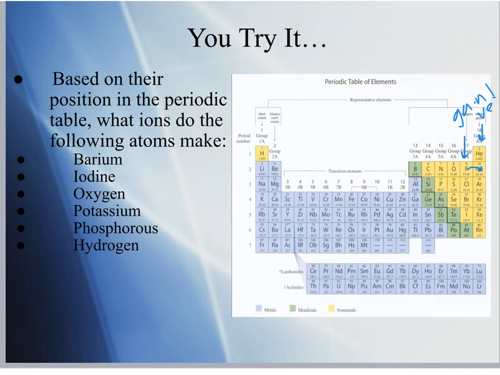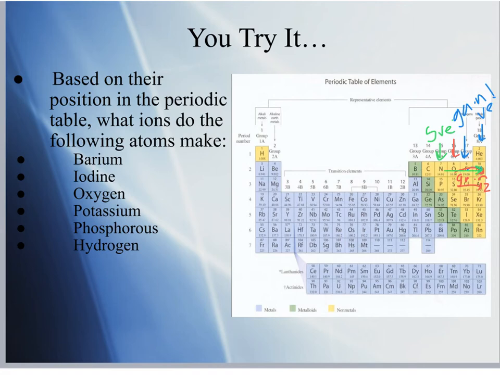The same thing's going to happen with group 6. Group 6 all have 6 valence electrons, and they are all going to gain 2 to get to their nearest noble gas. So they have to gain 2 valence electrons. Everybody in group 5 has 5 valence electrons, and again, their nearest noble gas is this way.